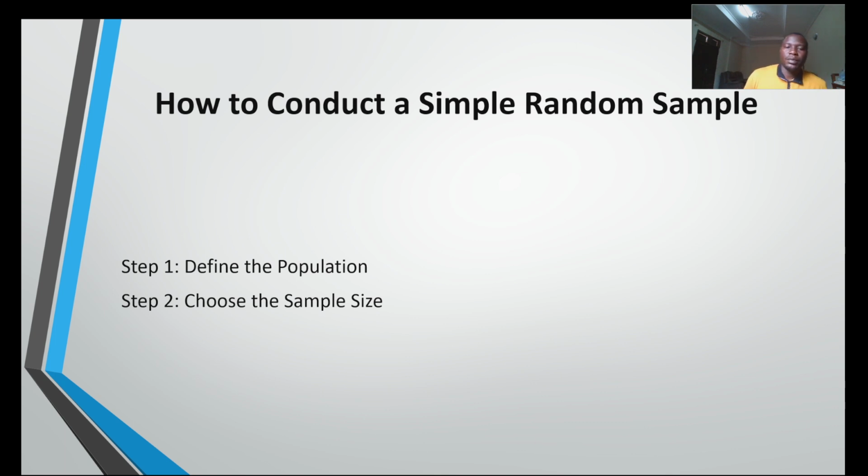How to conduct simple random sampling? First, we need to define the population, the number of the population. The second step is to choose the sample size, how many you want to be selected from your population.